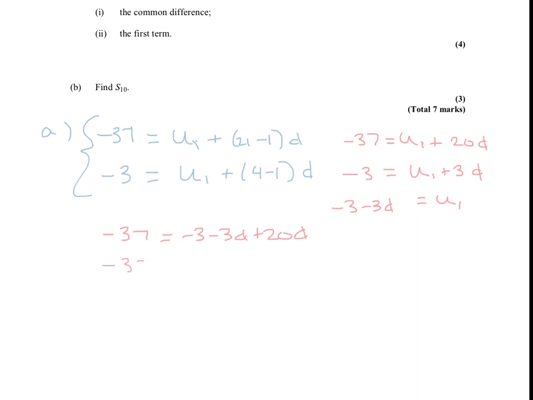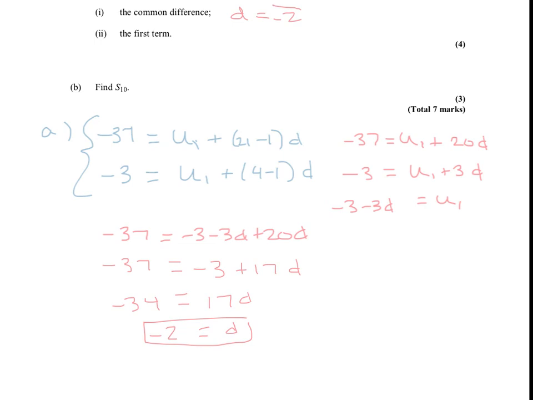So negative 37 equals negative 3 plus 17d. I add 3 to both sides, and I have negative 34 equals 17d. Divide both sides, and I get negative 2, so my common difference is negative 2.